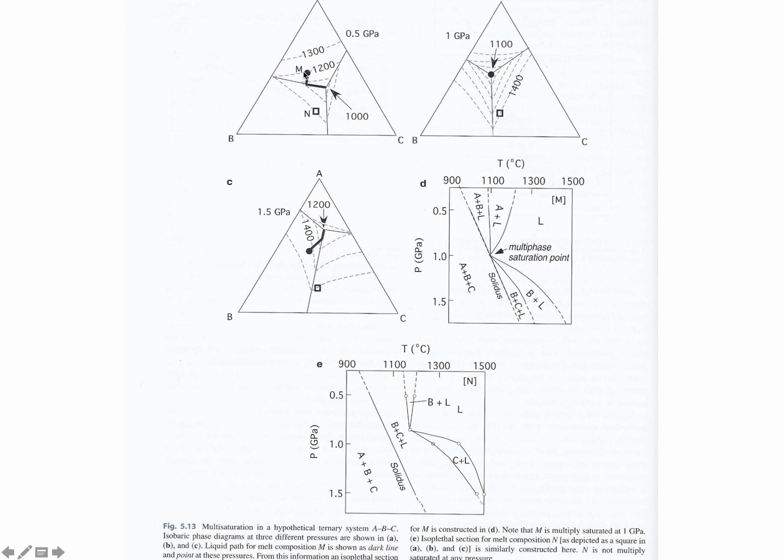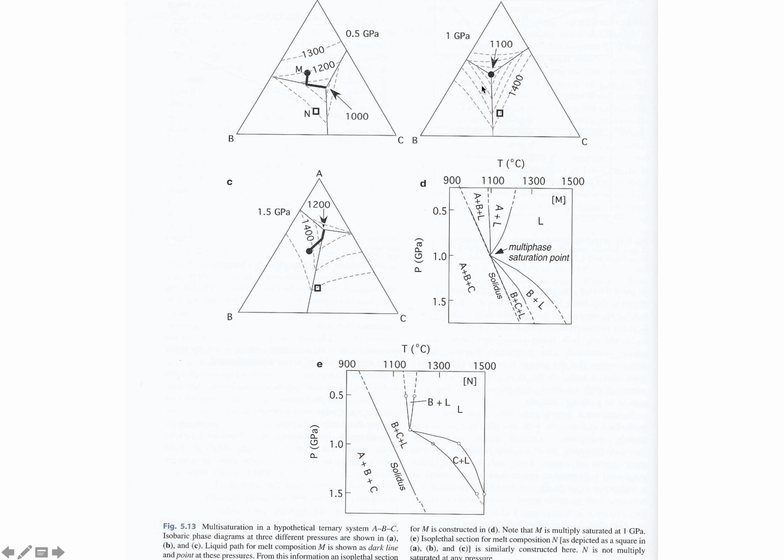Here we are forming a melt at a pressure of 0.5 gigapascal at 1200 degrees Celsius in this ternary system with the 3 phases A, B, C. And here we are coming to our eutectic point.